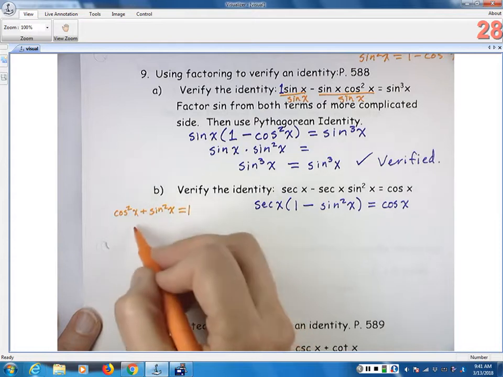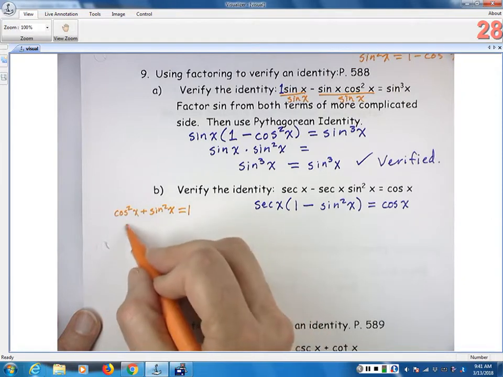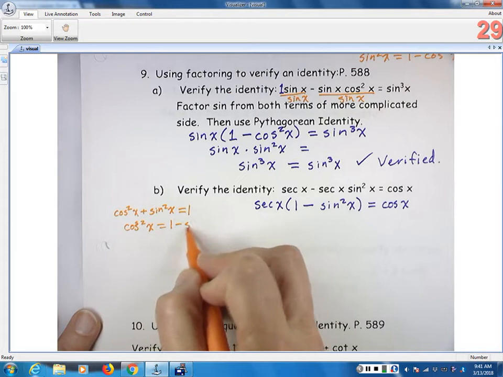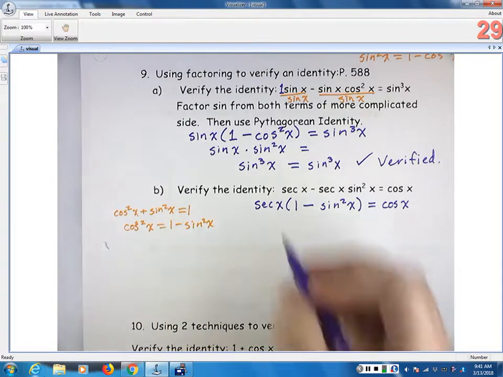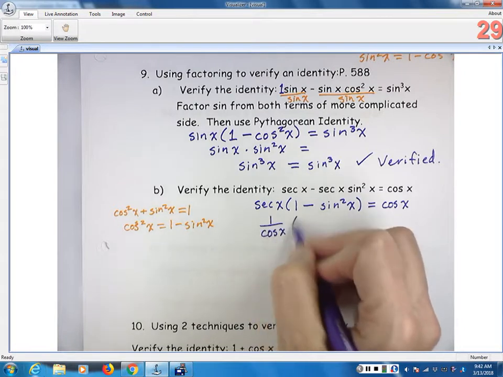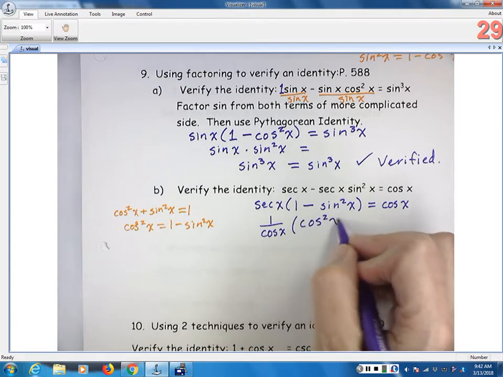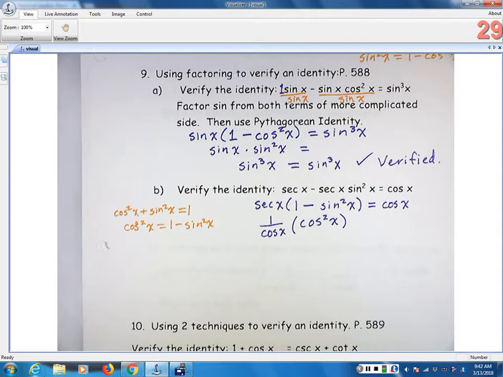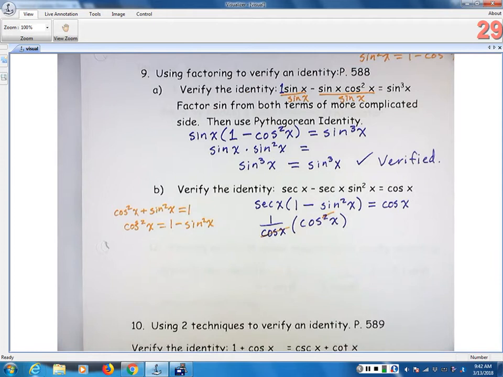This is the Pythagorean identity. You want to find 1 minus sine squared: cosine squared x equals 1 minus sine squared. So this is, and secant is 1 over cosine x, and that is cosine squared x, and then one of the cosines cancels, and you get cosine x.